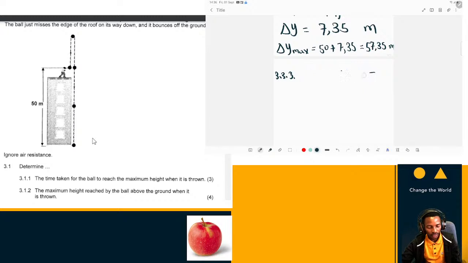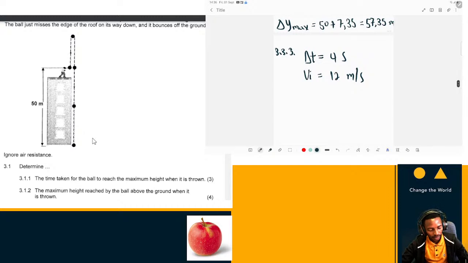So let's collect our data. Delta t is equal to 4 seconds. V initial is equal to 12 meters per second. Acceleration is equal to minus 9.8 meters per second squared.